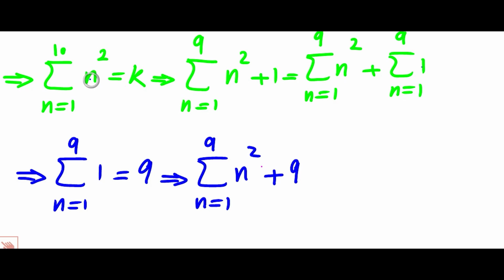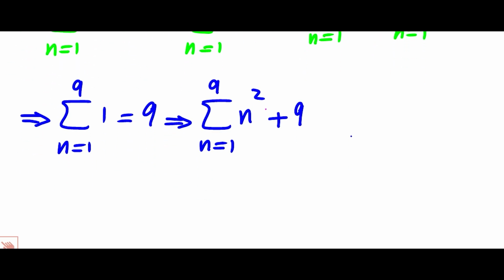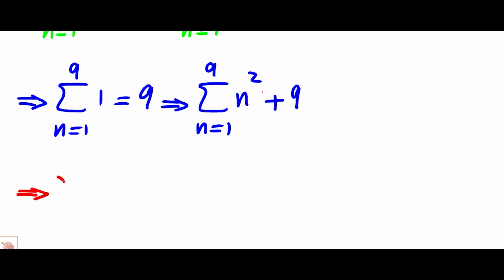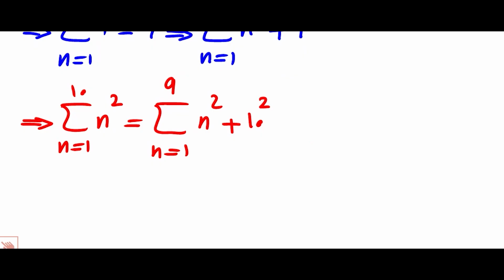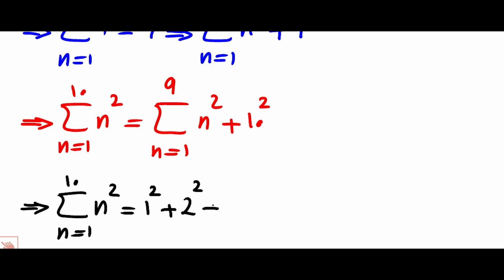But we have the sum of n squared from n equals 1 to 10 equals k, right? So the sum of n squared from n equals 1 to 10 equals the sum of n squared from n equals 1 to 9 plus 10 squared. But why? Because the sum of n squared from n equals 1 to 10 equals 1 squared plus 2 squared and so on up to 10 squared.